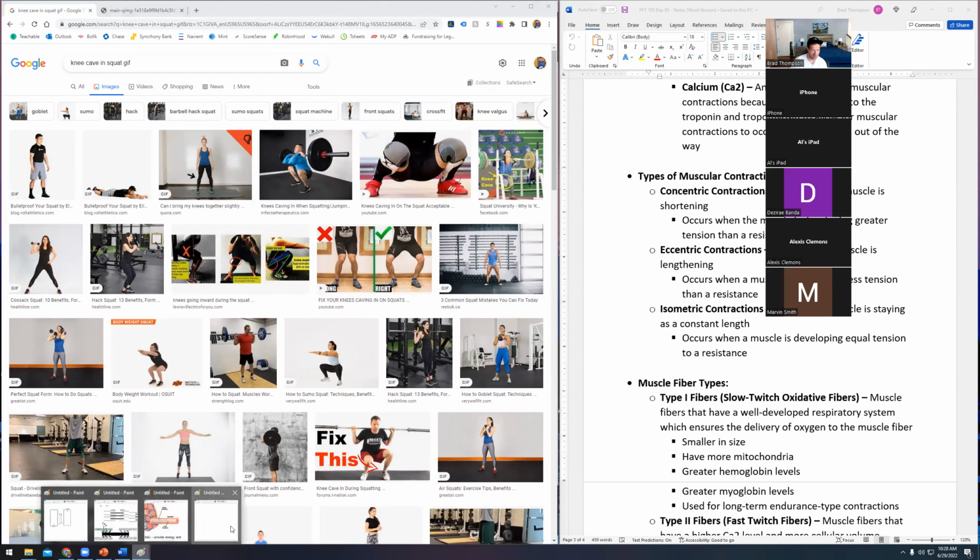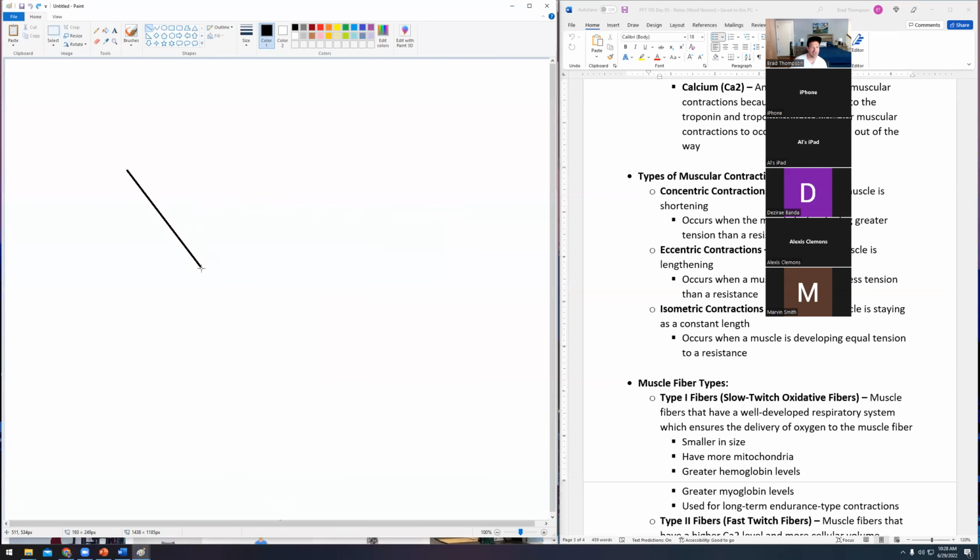Okay, I'll just draw one. The knees are caving in kind of like this, right? Imagine this is that lady's knees. They're both caving inward. So we've got excessive concentric shortening this way, and limited concentric shortening that way, right?